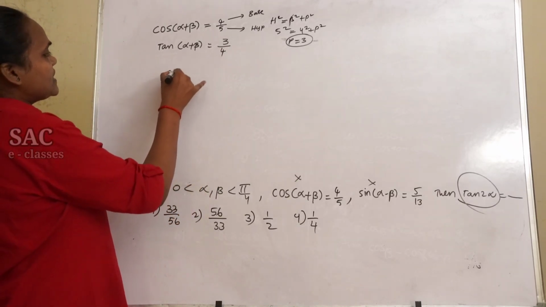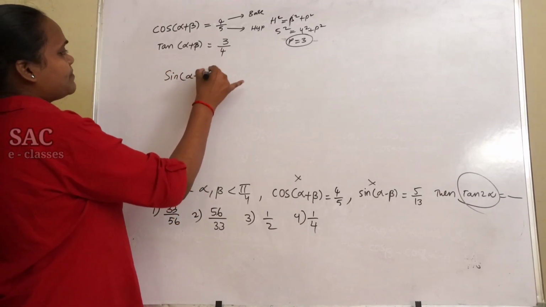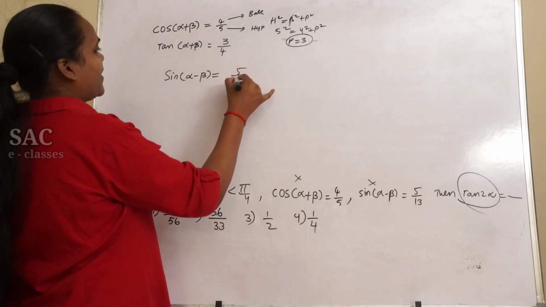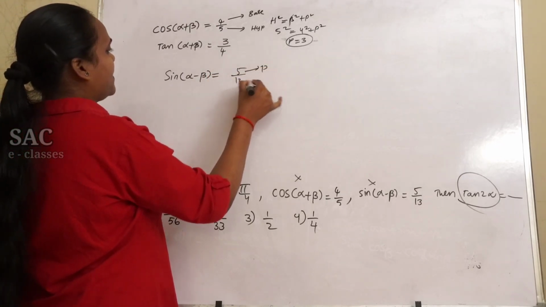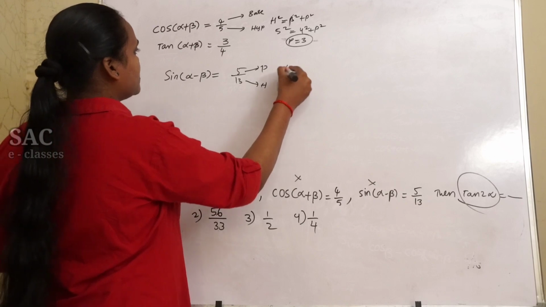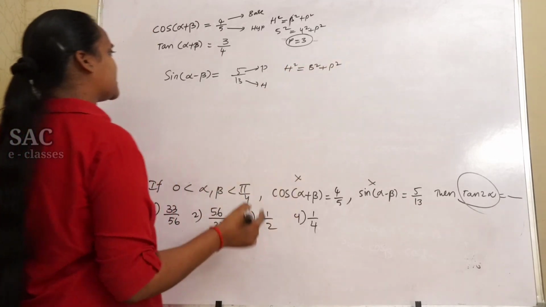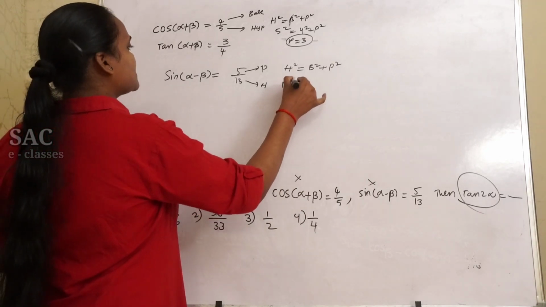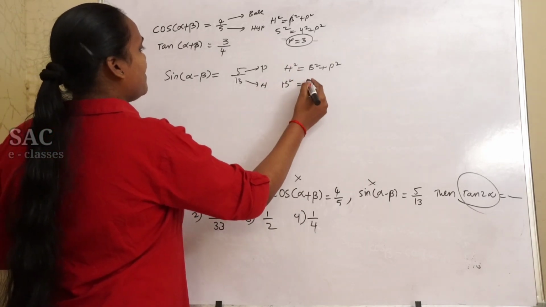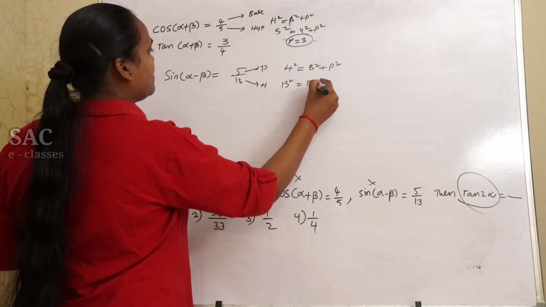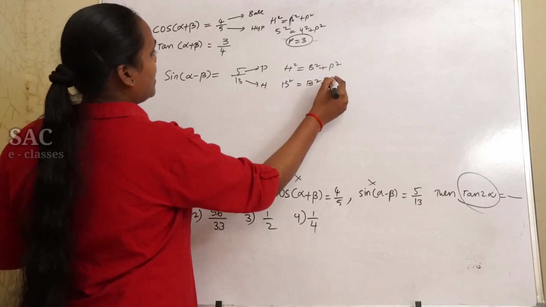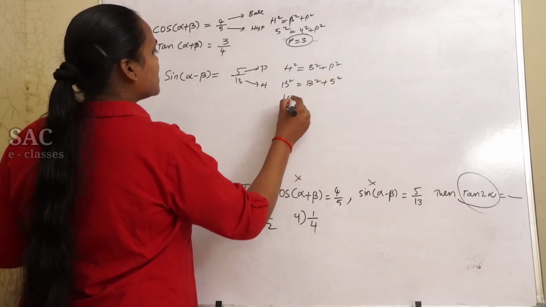Coming to sin of alpha minus beta equal to 5 by 13, where 5 is the perpendicular and 13 the hypotenuse. To find the base value with the help of the Pythagoras theorem, 13 square is equal to base square, which we don't know, plus perpendicular square, 5 square.